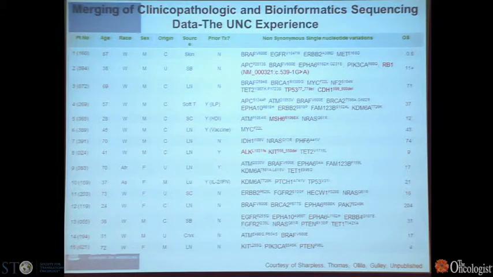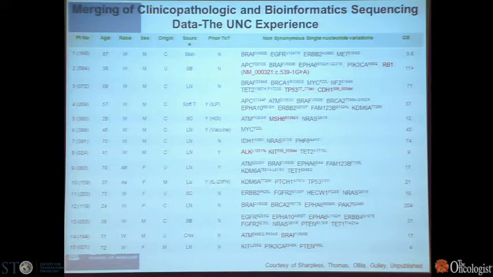So this is how data with mutations would look, as we're getting more proficient. Mutations by themselves would not mean anything to us unless we associate them with the standard clinical pathologic factors, presence or absence of prior therapies, as well as overall survival.